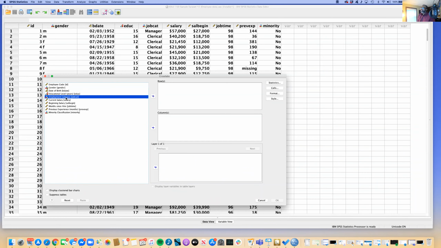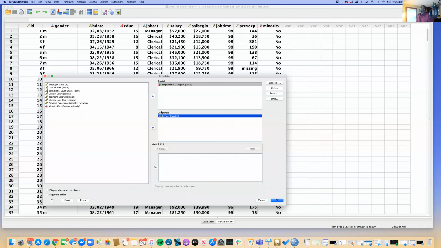We'll click that and go over to row, and then we're going to put gender in column. Then we'll go over here to display clustered bar charts. Since all we're doing is summarizing the data today, there's no need for us to put statistics or look at the cells specifically right now. We'll click OK.